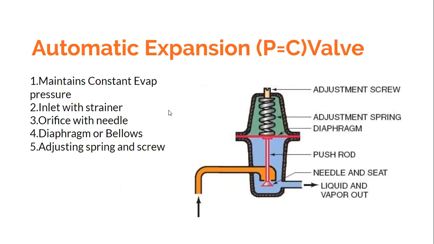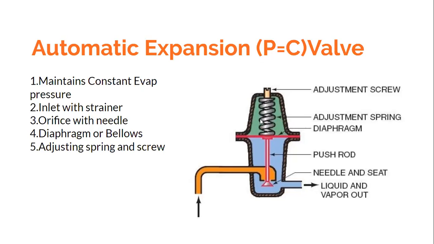So what is the job of the automatic expansion valve? It is also called a constant pressure valve. Its job is to maintain the pressure in the evaporator constant. Constant pressure is maintained in the evaporator because of this arrangement. And how is that happening? It is happening because of the pressure balance which is created.